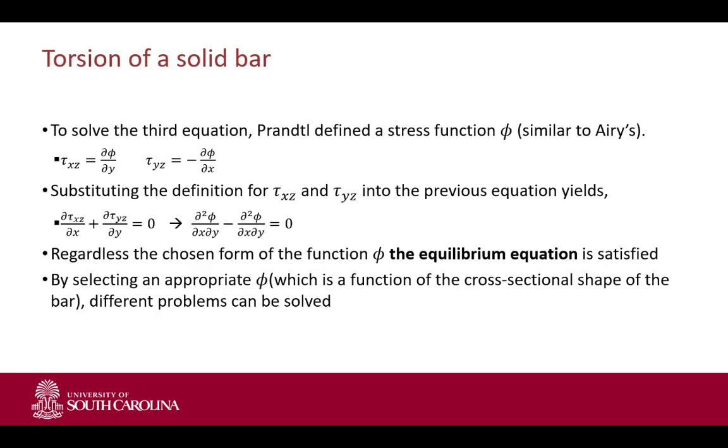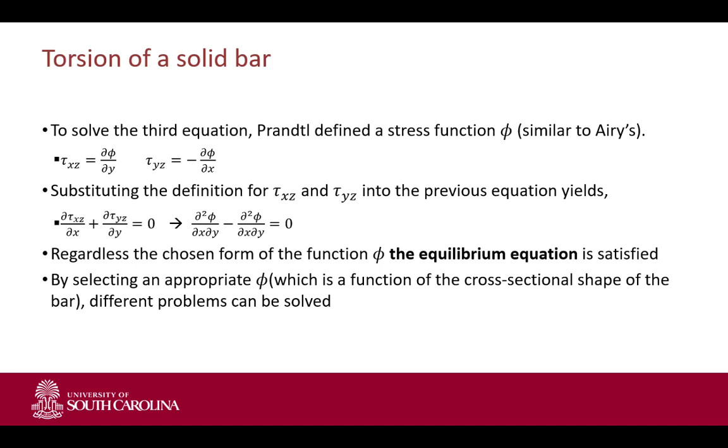Similar to the Airy stress function, we're going to assume a certain function, and we're going to set some relationships for this function to be true. If you remember correctly, with the Airy stress function, we said we have phi, and the second order derivative of phi with respect to y is equal to our sigma x stresses. In this case, we again take a function phi.